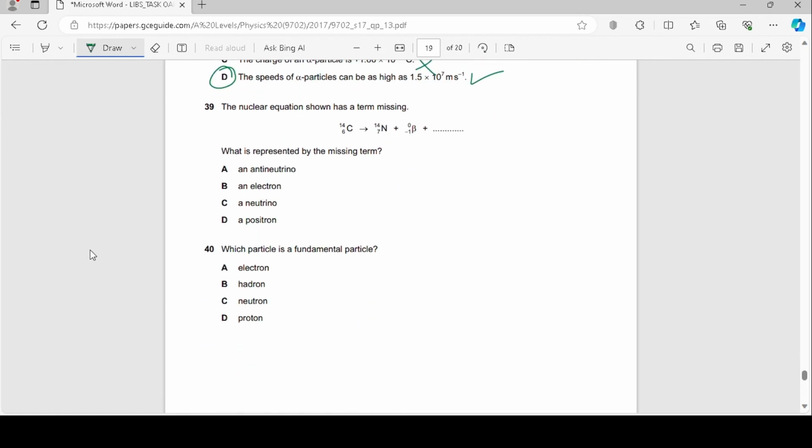All right, then we have the next question. So question 39. The nuclear equation shown has a term missing. So what is represented with the missing term? Well, if you see, the nucleon numbers are adding up, so 14 on this side and 14 on that side. Here we have 6 on the left, and then on the right we have 7 minus 1, which is also 6.